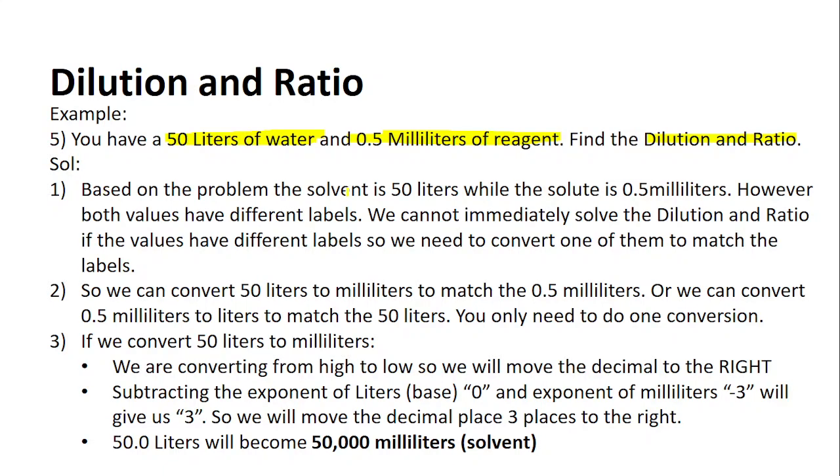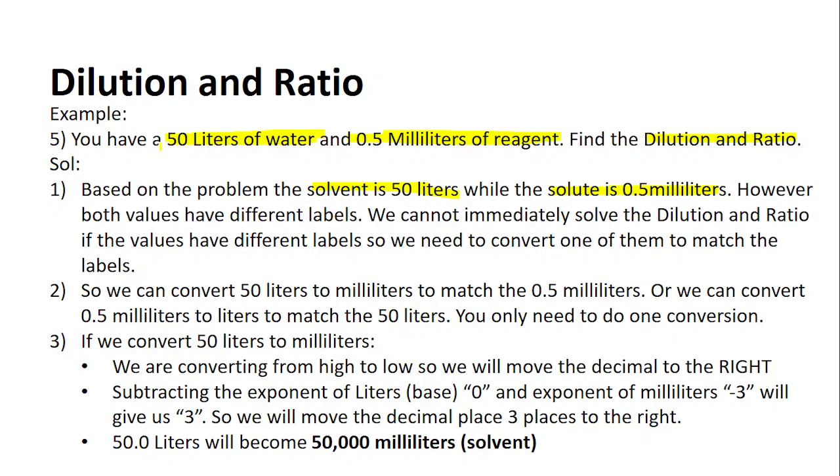So, based on the problem, solvent is 50 liters. Solute is 0.5 milliliters. Okay? However, both values have different labels, so we cannot immediately solve for the dilution and ratio if the values have different labels. So, we need to convert one of them to match the other label. Okay, so how do I know that 50 liters is the solvent and 0.5 milliliters is the solute?